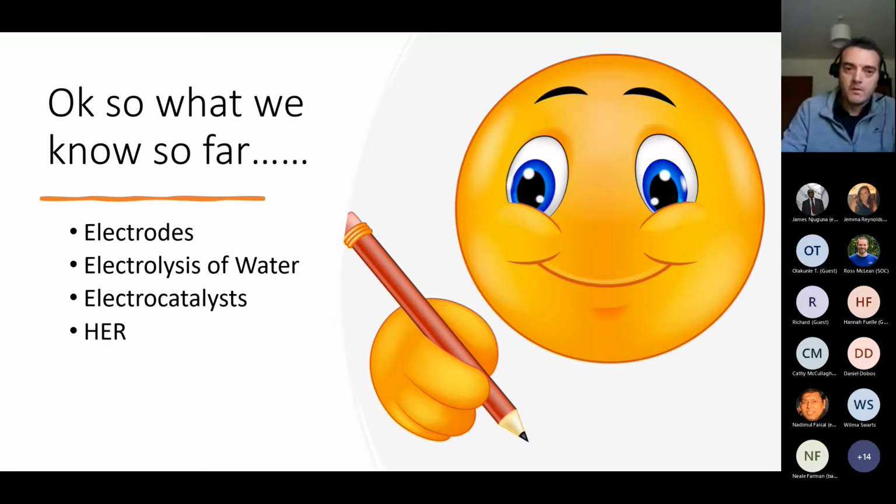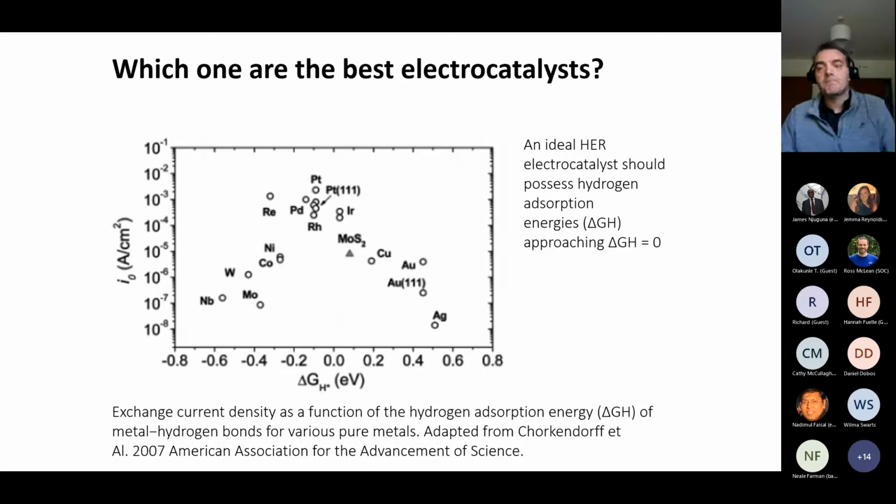We're going to go a little deeper. Which are the best electrocatalysts? Depending on this graph, one of the important things is what an ideal hydrogen evolution reaction catalyst should possess.